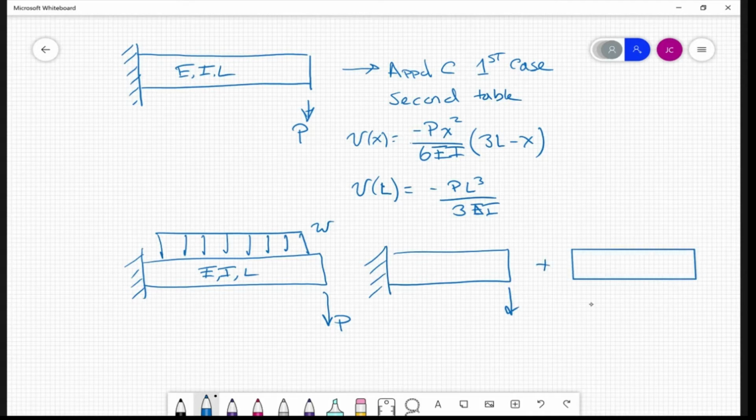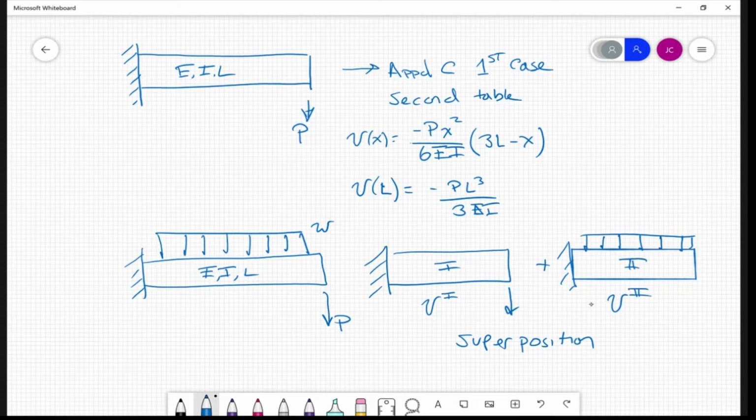These are separately in Appendix C, right? And in this manner, you can use superposition. If we call this case 1 and this case 2, you can take the tip deflection of case 1 and the deflection of case 2, or wherever the deflection is, and just add those together. And that works as well.